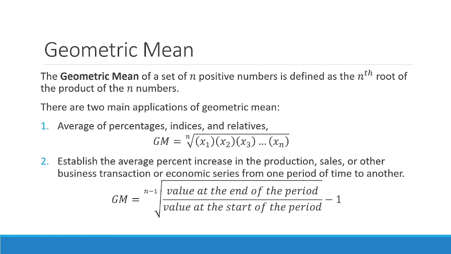Pwede rin naman natin tingnan kung ano yung average percent increase in production, sales, business transaction, growth rate ng bacteria, economic series for one period of time to another. Pwede mo ring tingnan dyan, or usually kasi ito ay nag-ano lang sa increase, pero you can alter the geometric mean formula para makuha mo naman yung percent decrease. But in any case, for this one, pwede mong i-check kung ano ba yung increase per year.